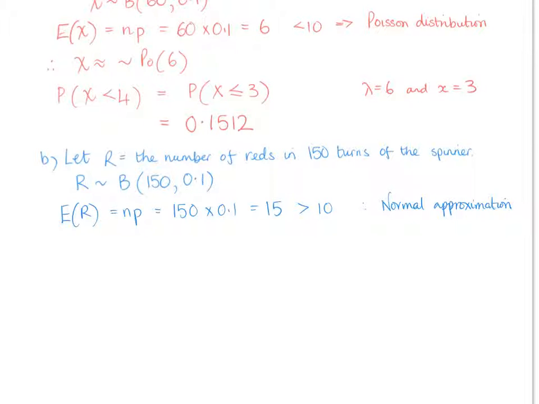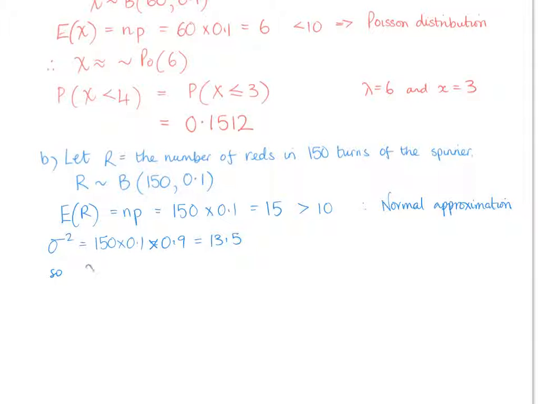Now that means that sigma squared is going to be 150 times 0.1 times 0.9, which is equal to 13.5, and we also need the continuity correction as well.